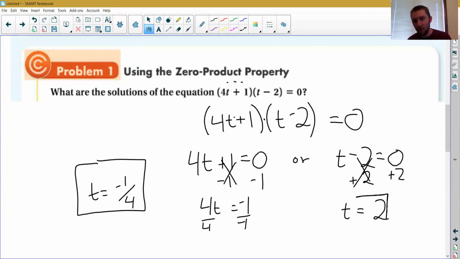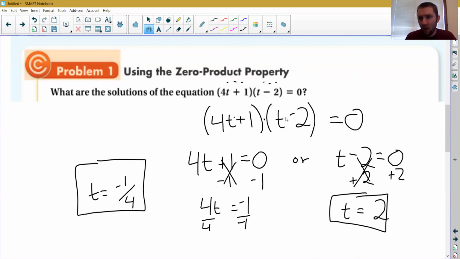Here's another one of my answers, which came from that second set of parentheses. These two answers come from setting each set of parentheses equal to 0 because of the zero product property, which says one of them has to be 0. These are my two options: either this is the value or this is the value. Two different solutions that'll both work out just fine.